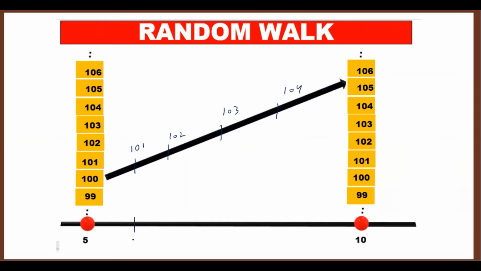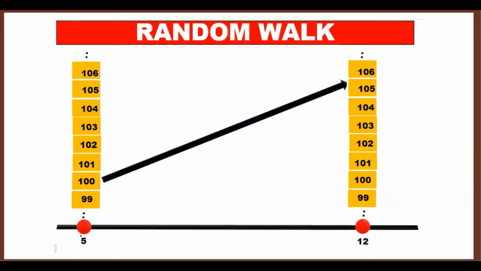If you want, you can write 6, 7, 8, 9, 10, with all P probability. Winning probability is P. So there is a chance, though this is very little: P^5. Every time I need to win. What is the probability that I will win the first time? P. What is the probability that I will win next time? P. It will continue. So it will be P power 5.